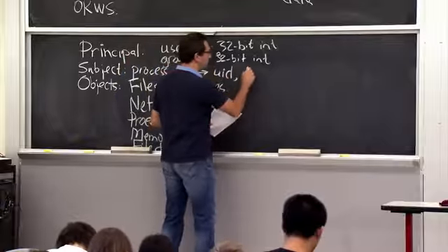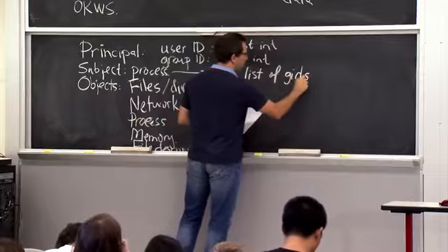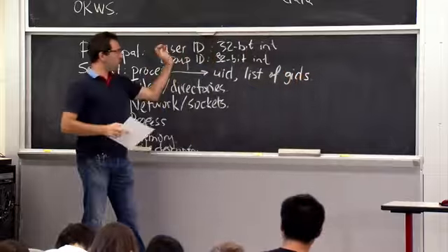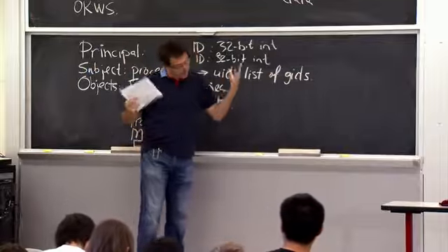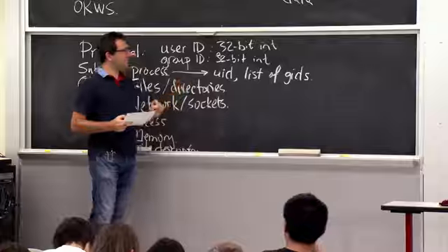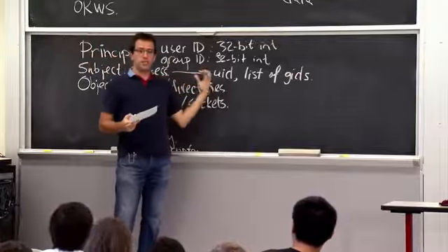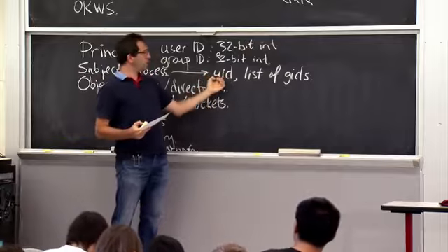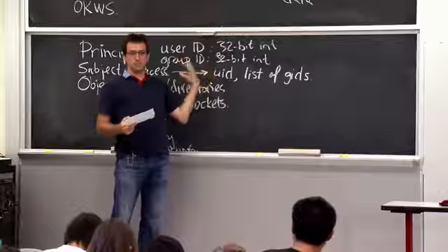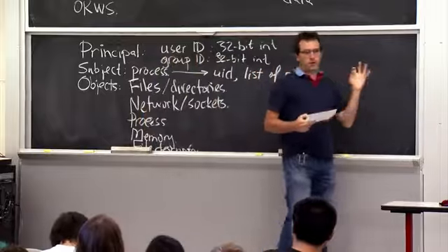And there's also a list of group IDs that a process has. And for historical reasons, the group IDs are split into one and then a list of others. But roughly, a process can then exercise the privileges represented by all of these identifiers. So if there's something accessible to this user ID, a process can do stuff with it. All right, so that's how we think about what privileges a process has.